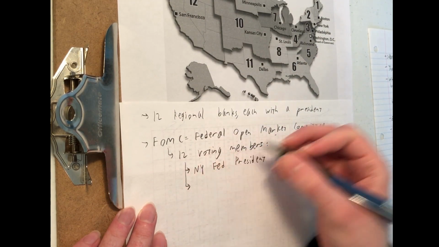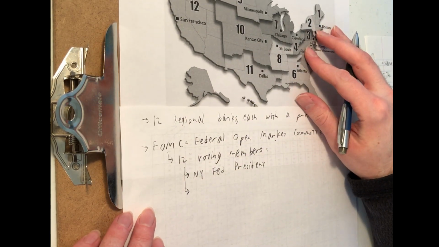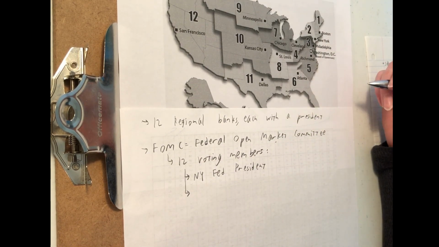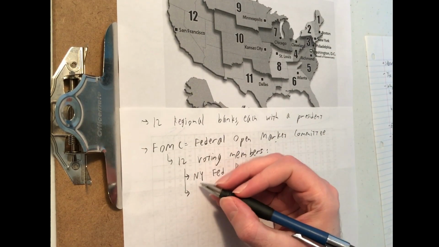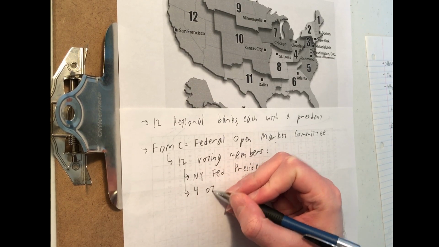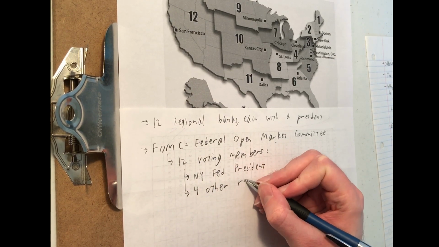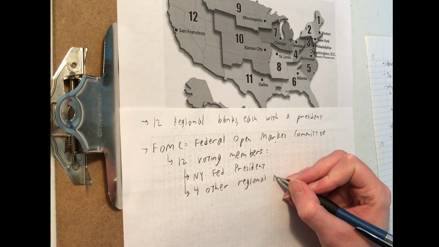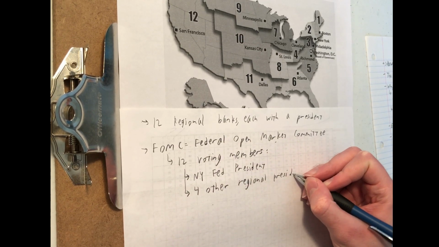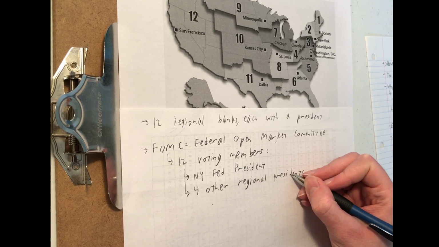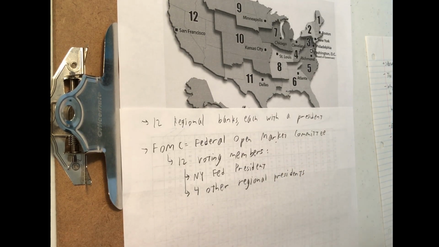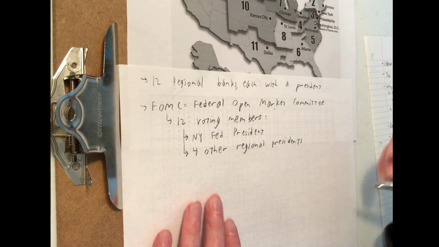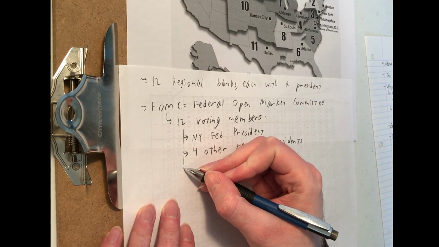Now, of the other 11 regions that are not New York, 4 of them get to vote, and it rotates through. So the other 7 come from the Board of Governors.